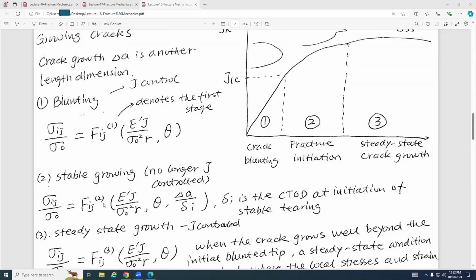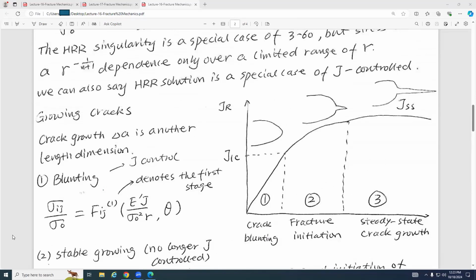My bottom line is that you should know how to use your own language to interpret this figure. If I give you this figure, can you tell me in your own words what happens in each of these three stages, and how we describe the sigma ij over sigma 0?